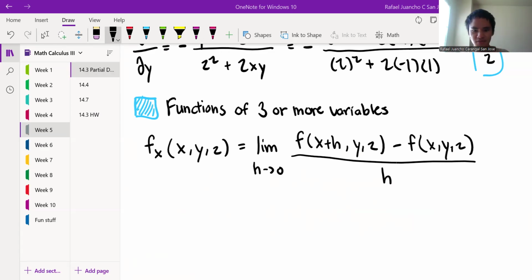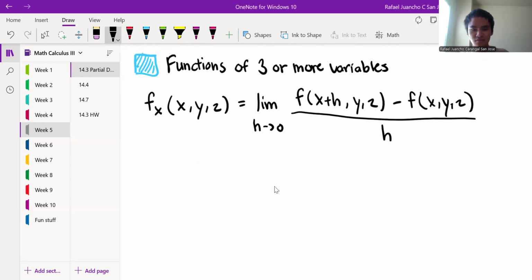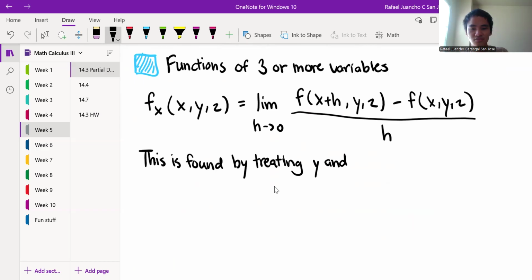So here, let me just say, this is found by treating y and z as constants, right?